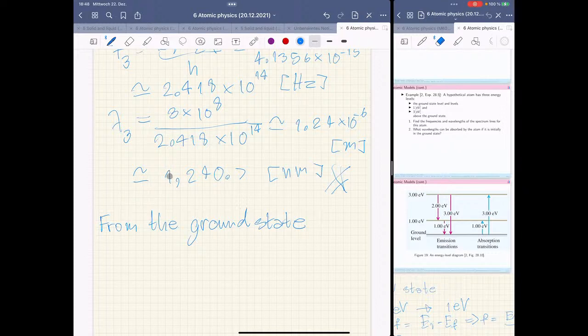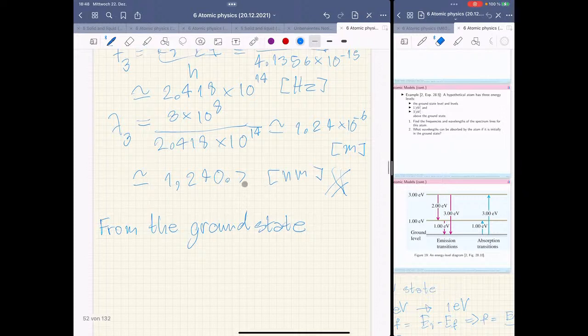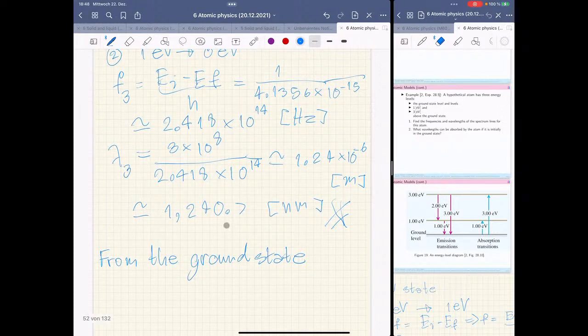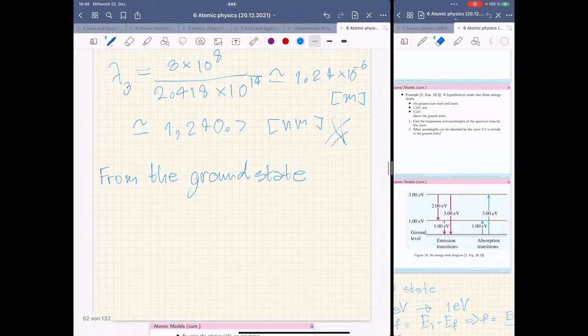So you would get this wavelength. The wavelength here that could be absorbed will be lambda 3, which is 1240.7 nanometers.